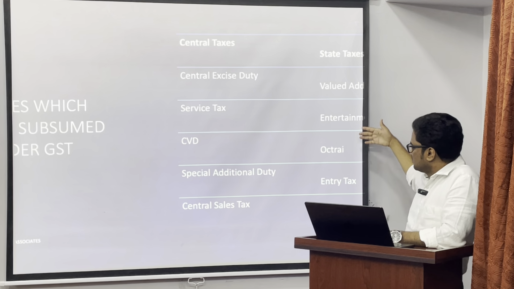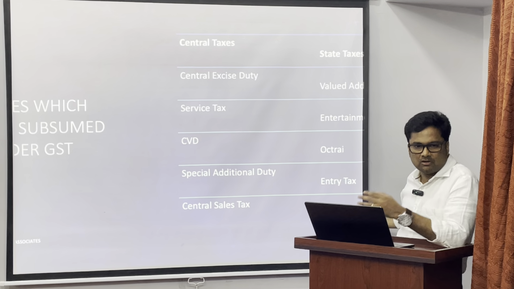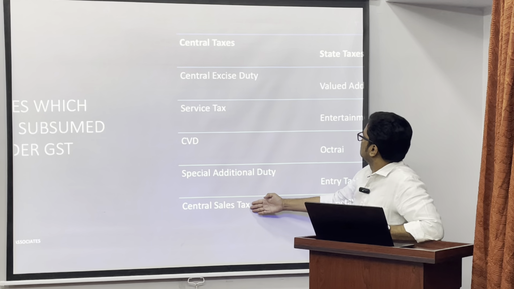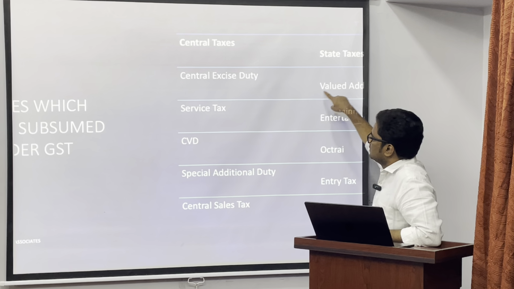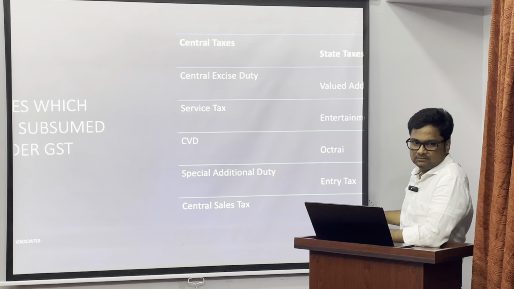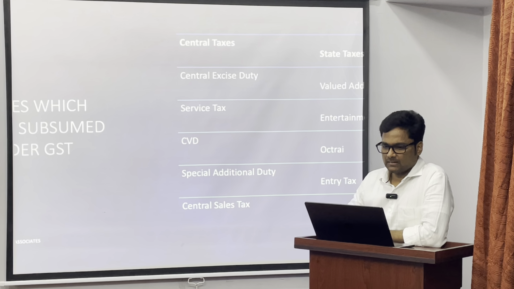Then entertainment tax, octroi, entry tax, luxury tax. These are all clubbed, and they said now I will call it goods and service. I will not give so many names because ultimately it is goods, goods, goods, service, service, service. So let us call it goods and service tax.